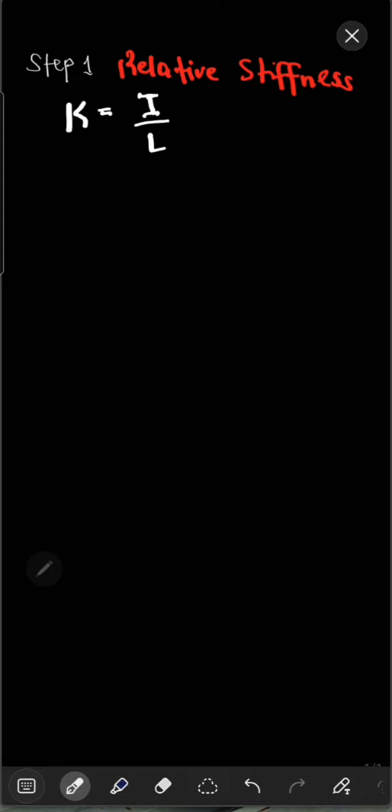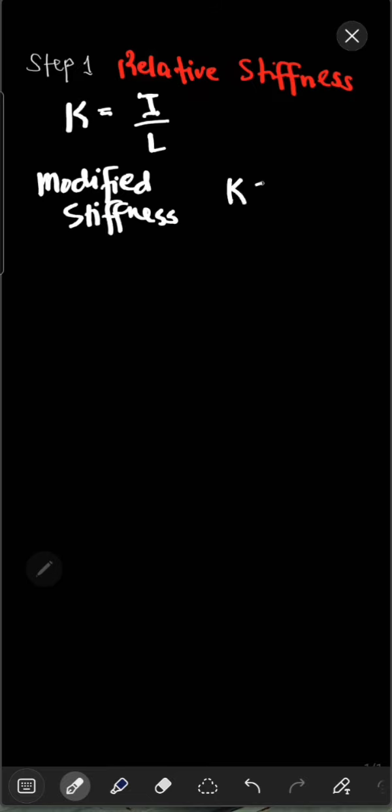Okay, so the formula for solving the relative stiffness is K is equal to I over L. But for modified stiffness, K is equal to 3/4 of I over L. So what is modified stiffness? In modified stiffness, the beams have a hinge at the far end.